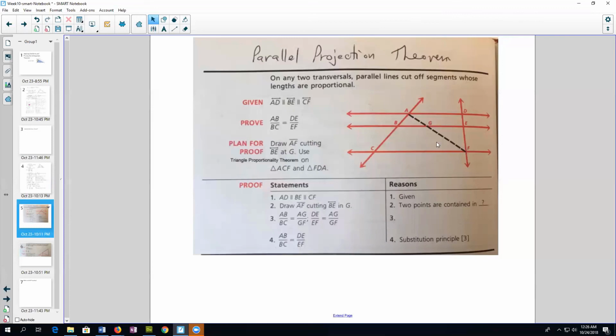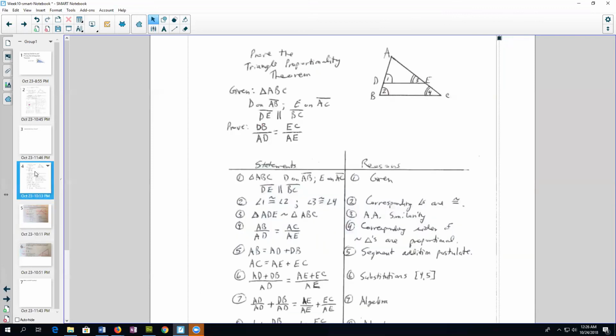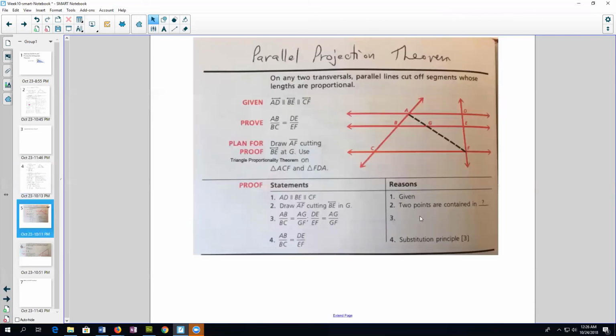And furthermore, DE over EF is equal to AG over GF by the same reason, the Triangle Proportionality Theorem. This is statement 3. But these are both equal to AG over GF, so I can substitute and we get exactly what we want.